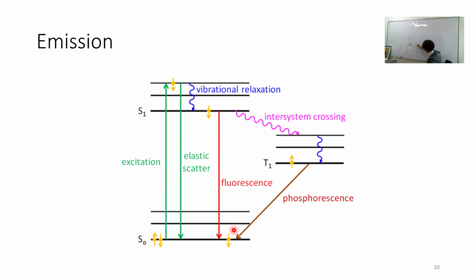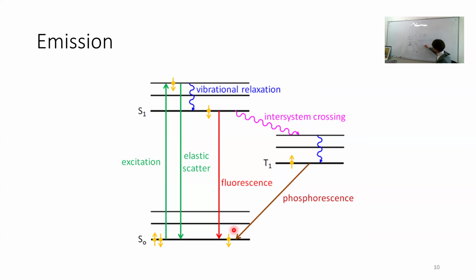Then the total spin of this one and this one is, for example, plus half and minus half, so the total spin was 0. But when they are converted, the spin is reversed, up spin and up spin, so the total spin is 1.